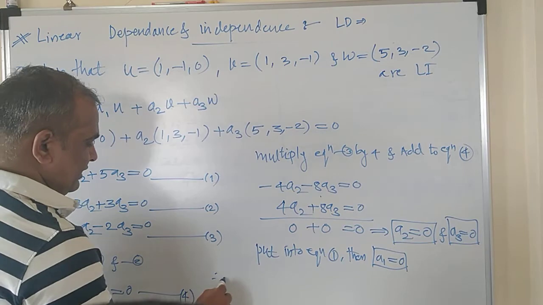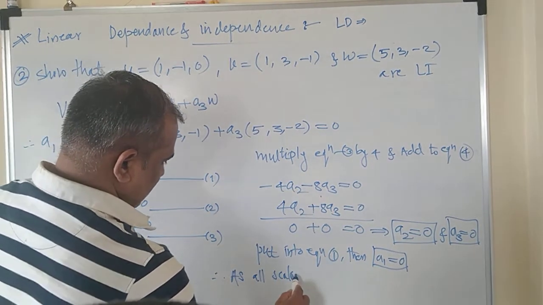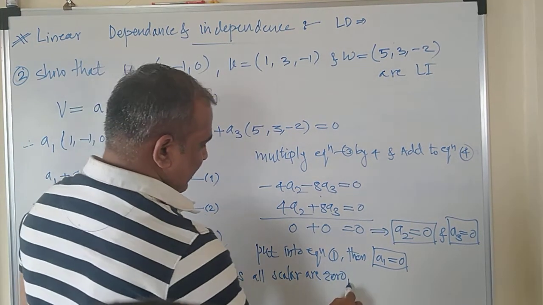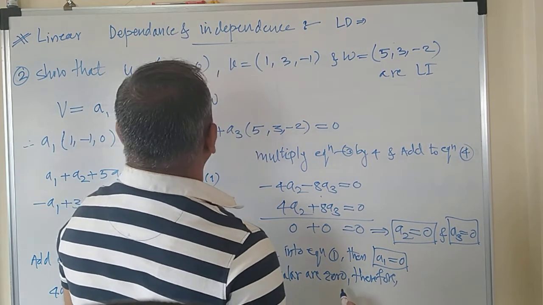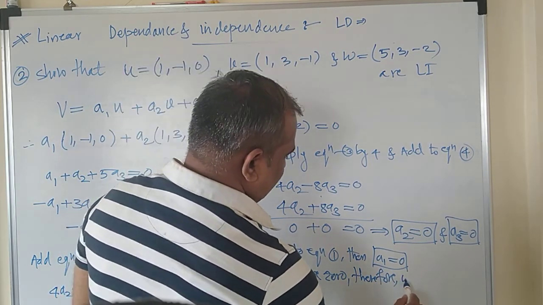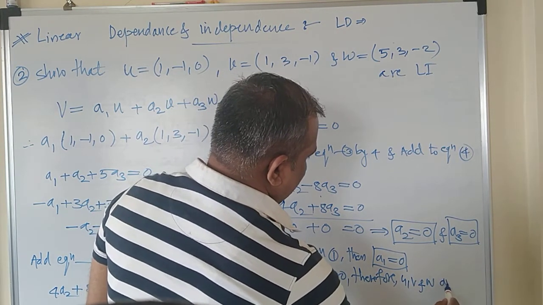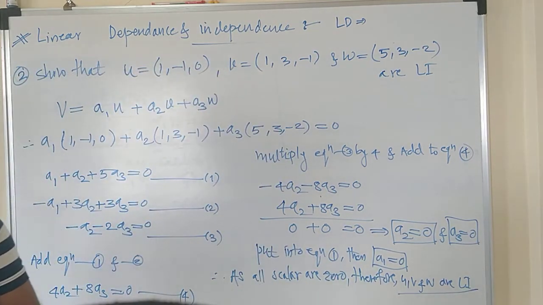And therefore here I can say, as all scalars are 0, therefore the given vectors u, v and w are linearly independent vectors, right?